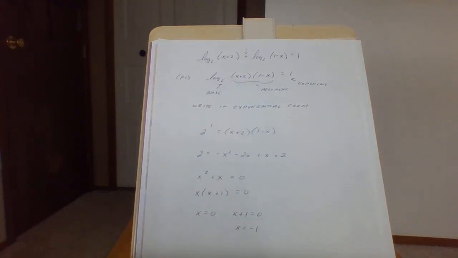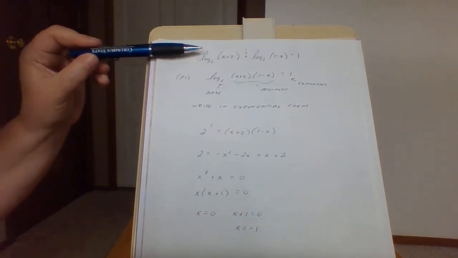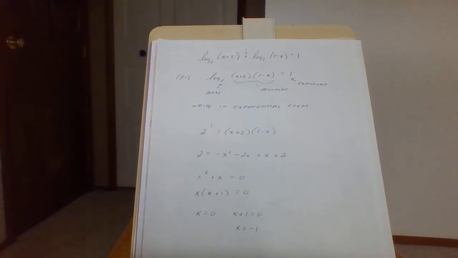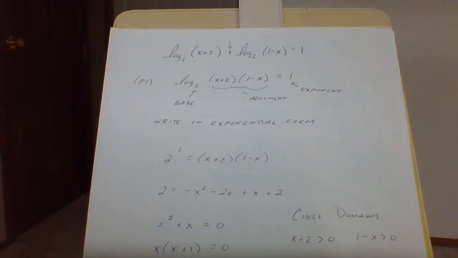So I'm going to go all the way back to my original equation up here, and I'm going to work with those argument pieces and make sure that both of them are set so that they're greater than 0. So when I'm checking these domains, I have two pieces here.